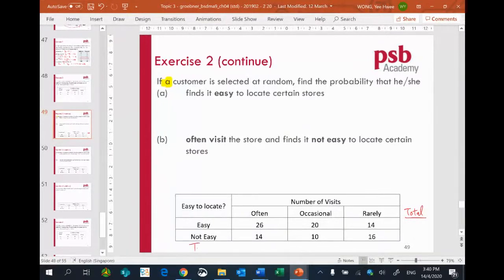This is the total. So this will have 40, 20, 10, 30, 14, 16, 30. So 40, 30, 30 give you 100. 14 and 16 give you 30, then plus 10 will be 40. So this should be 60. Okay, so find the easy.